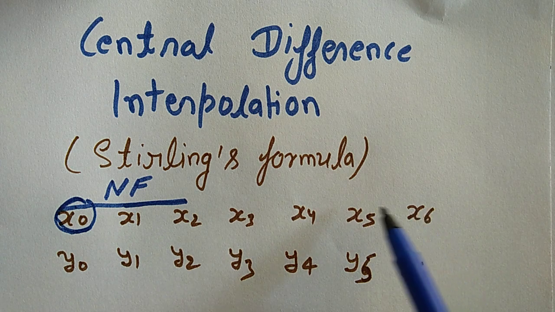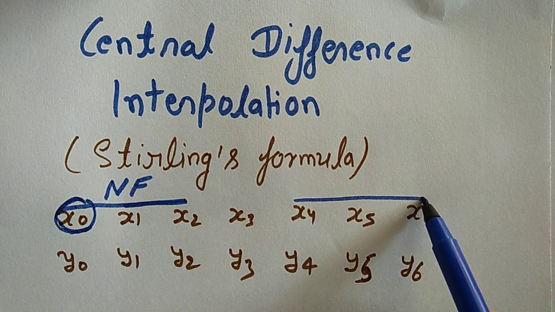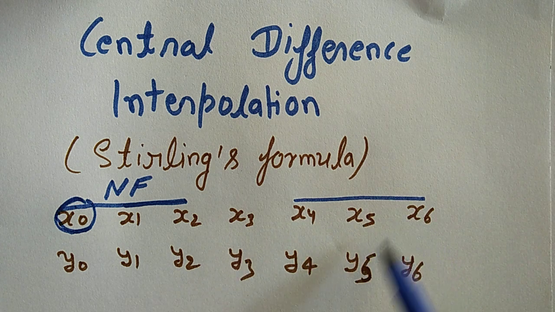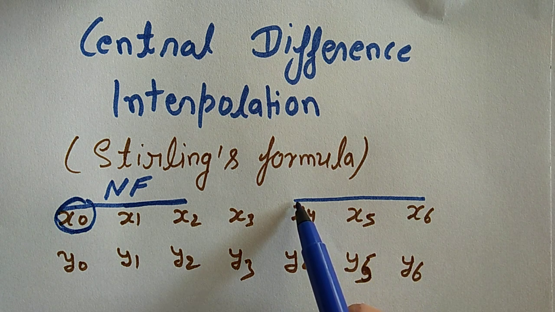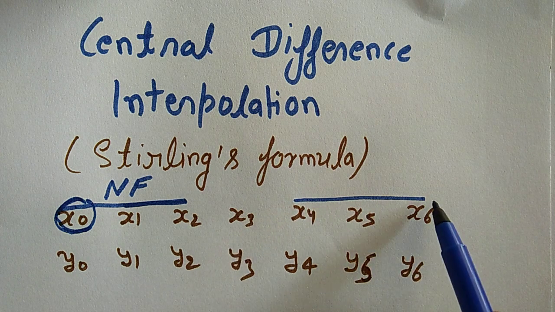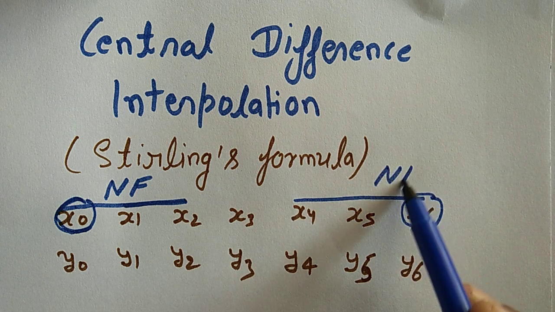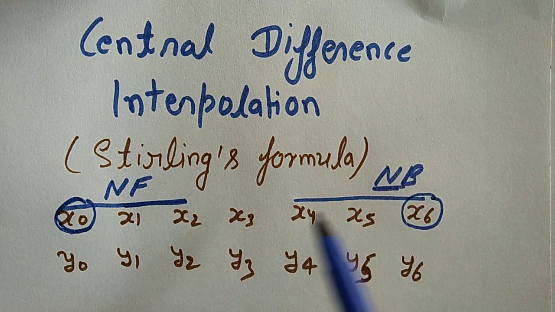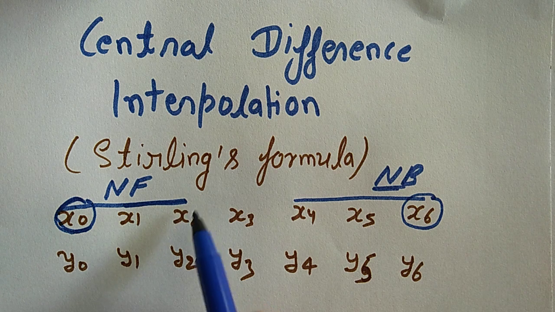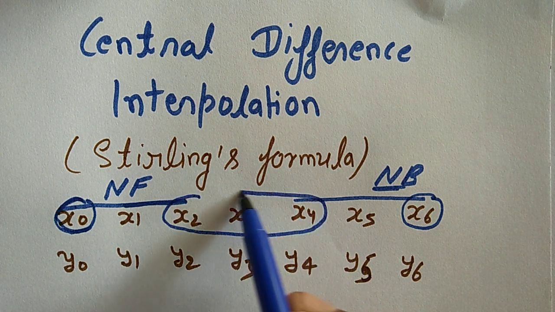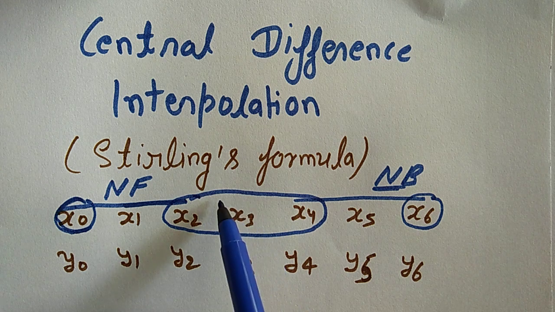When your required point is near to the end point, somewhere in the range x4 to x6, use the Newton backward formula. And when you want to find the value of y at a point which lies in the middle range of the given data set, use the central difference formula.